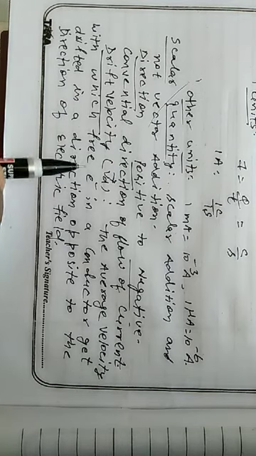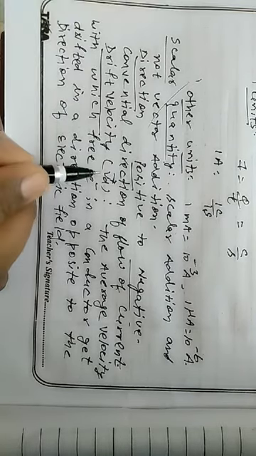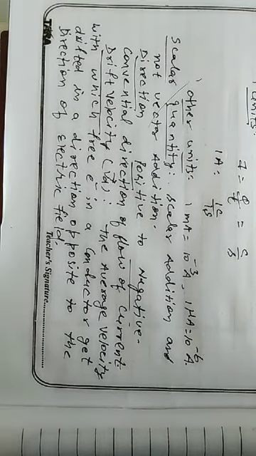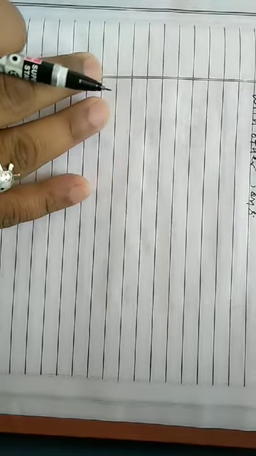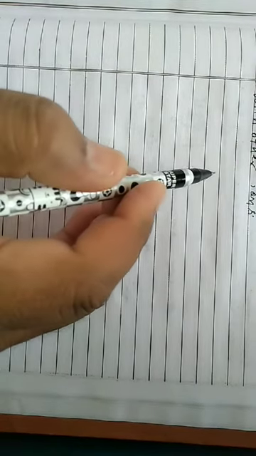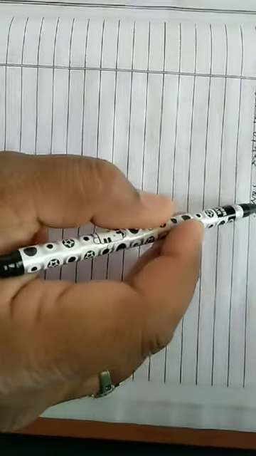It is known as drift velocity, denoted by Vd. Next topic is relaxation time. It is defined as the time taken by the free electron between successive collisions with other ions.